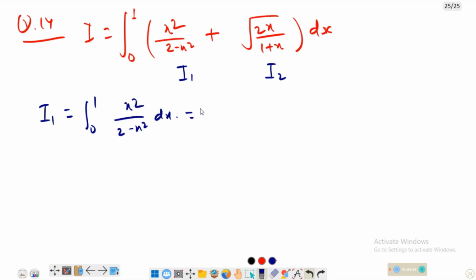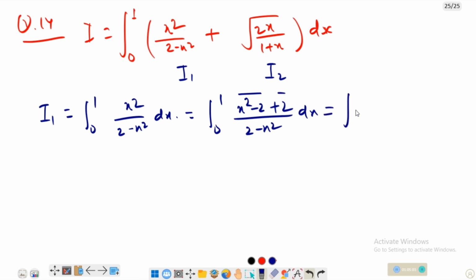Okay, and this is equal to 0 to 1. If we subtract minus 2 and add 2, this is equal to this quantity. And if we separate into parts, okay, so this is equal to 0 to 1 of minus 2 upon x square minus 2, okay, dx.